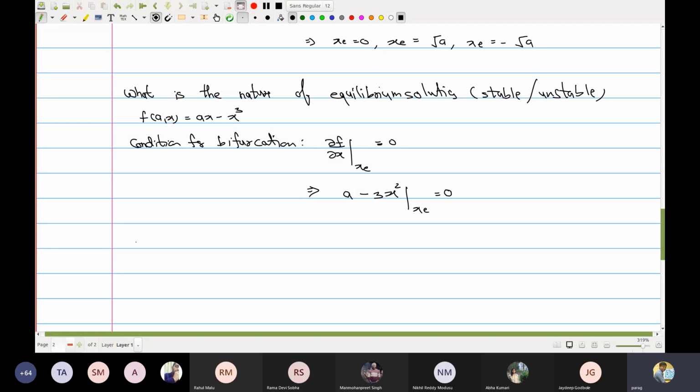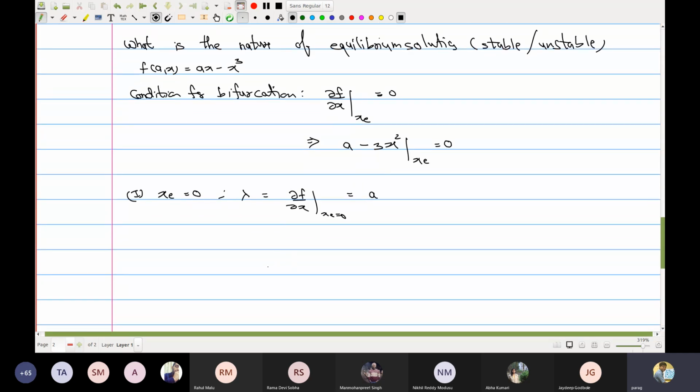First, xe equal to 0. So what is my lambda? Lambda is del f by del x, the eigenvalue at xe equal to 0. When I substitute xe equal to 0, I get a.